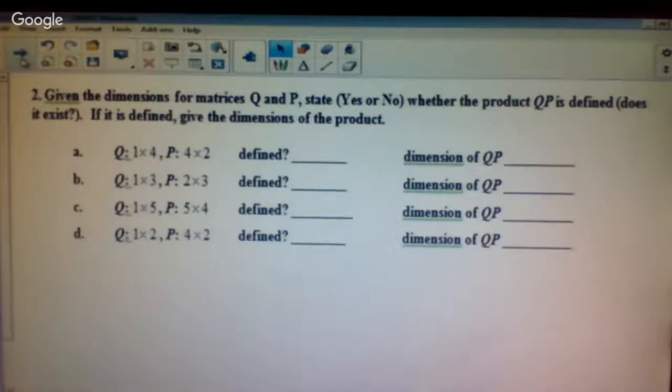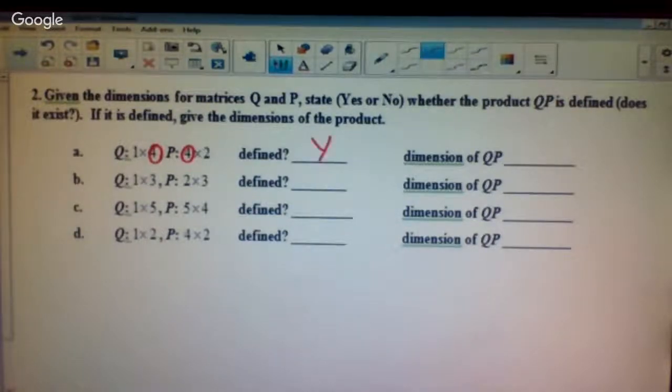Okay, multiplication's a little bit different. In order to multiply, the second number of your first matrix and the first number of your second matrix has to be the same. It doesn't matter what the outside numbers are. Those two inside numbers, when you put them side by side, have to be the same. So we've got 4 and 4.